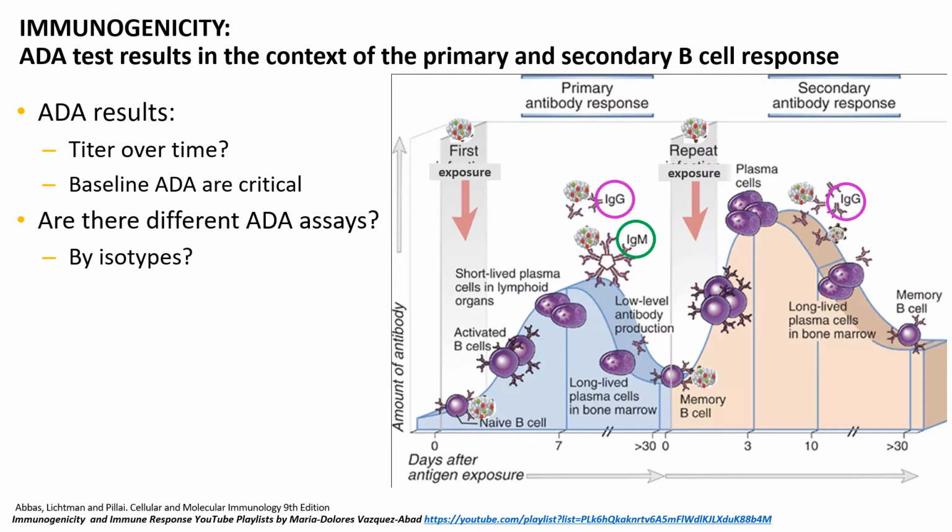If you get IgG, you are looking at most likely the antibody response, which is a mature response. Because remember that on the primary response, the levels of IgG are very low. It's majority IgM. But anyway, all of that you need to take into account.